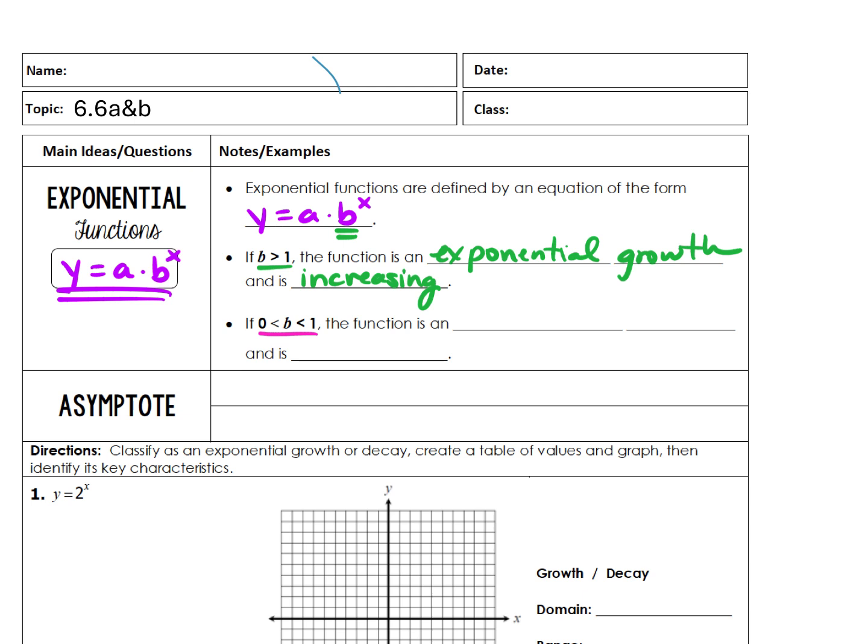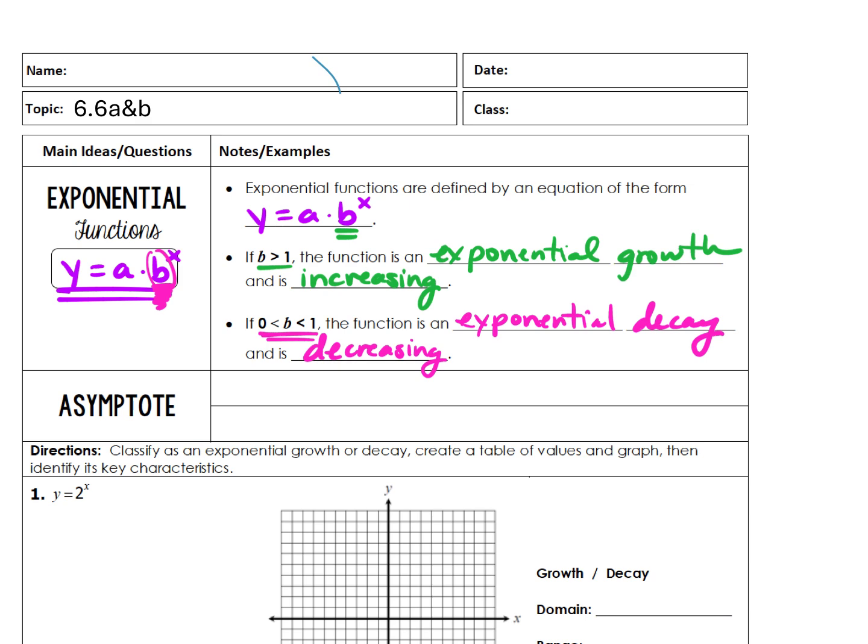Okay. So a number between 0 and 1 is a fraction or a decimal, but those decimals represent fractions. So basically what they're saying is if your b value represents a fraction, then this is going to be an exponential decay setup, and it is decreasing. So you want to look at this number. The number that has the exponent attached to it is going to tell you a lot about a problem.